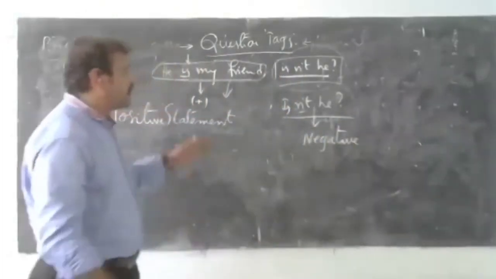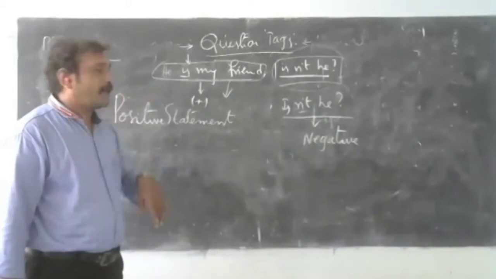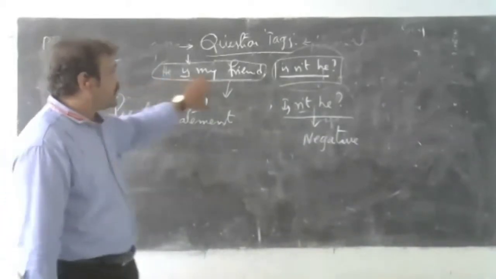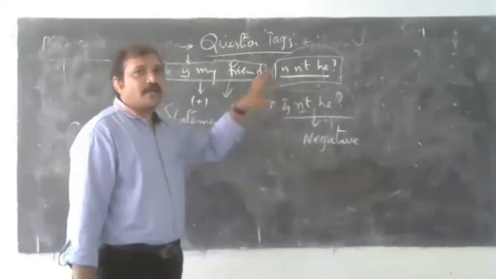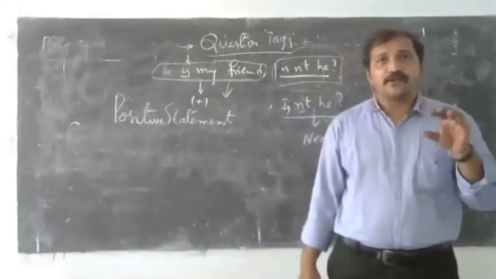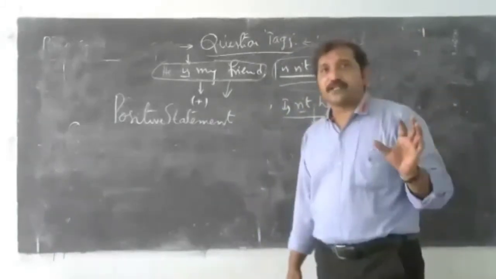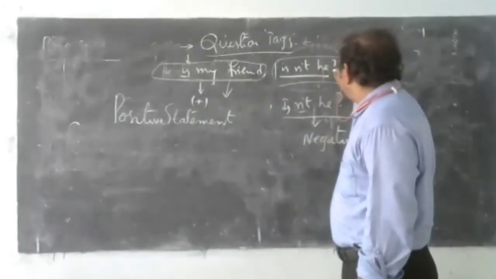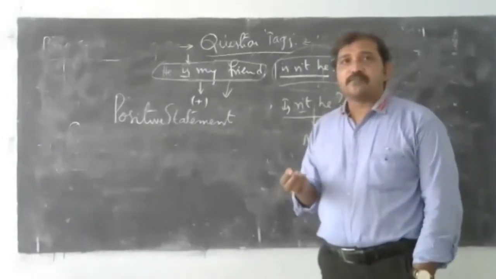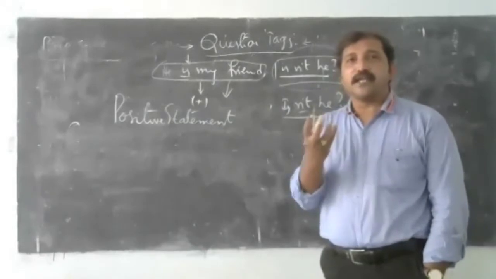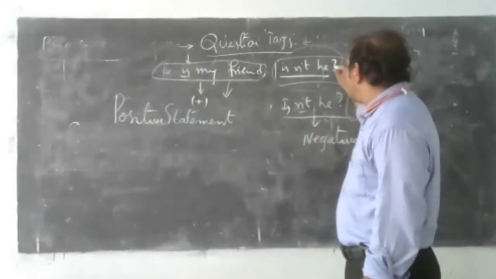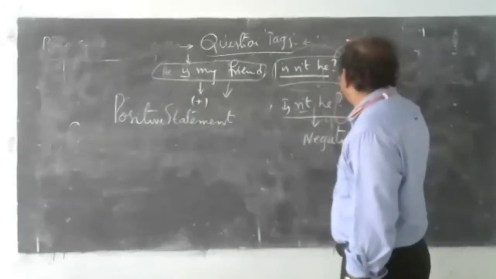See, is it he? So, he is my friend. Is it he? I suggest to the students, whether you are younger or elder, whoever it is, whenever you use a question tag, please make a question as loud as possible. Is it he? That intonation is needed.